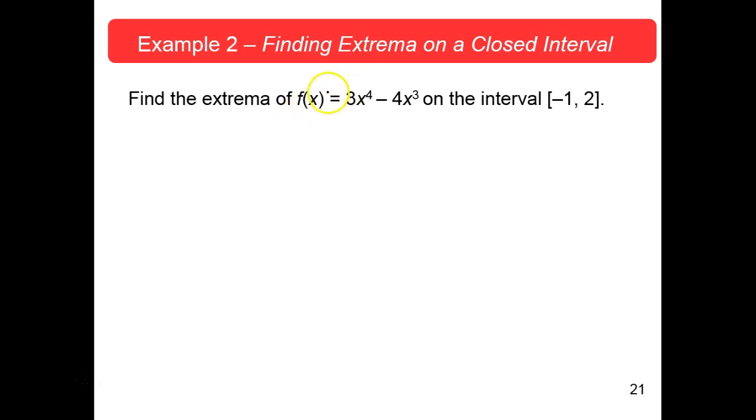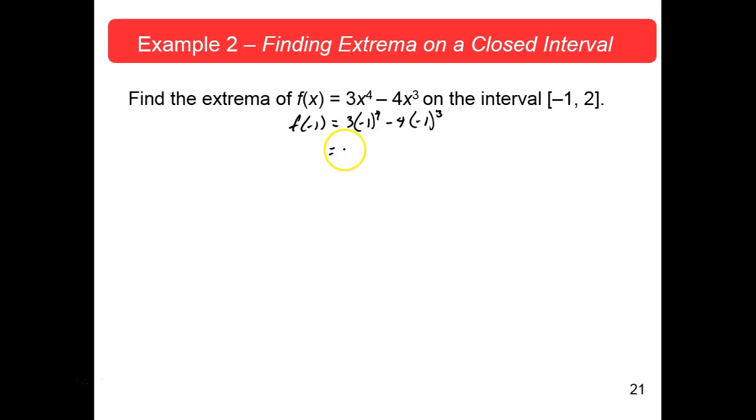Let's plug in -1. So f of -1 is, work it on out, 3 times -1 to the 4th power minus 4 times -1 to the 3rd power.